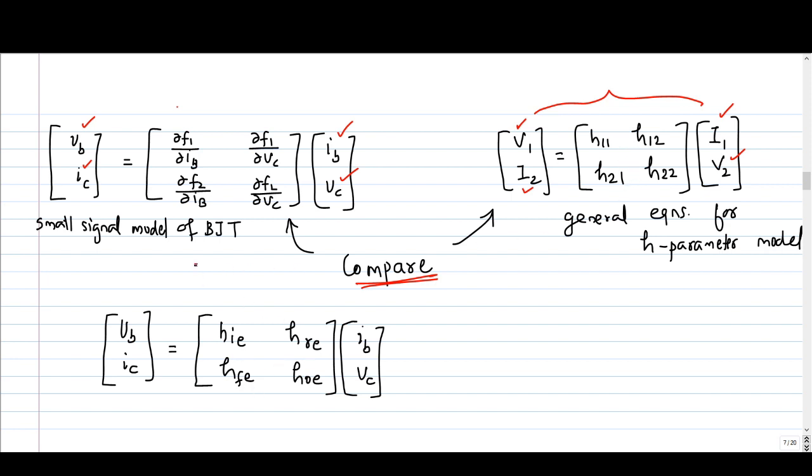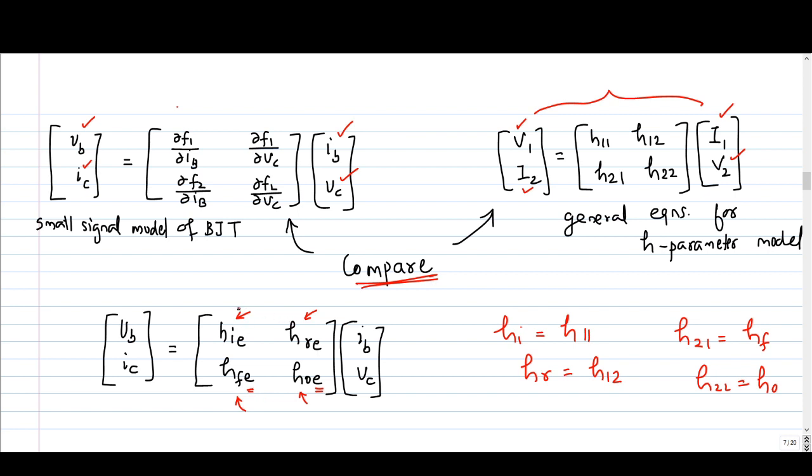So these partial derivative terms I can replace by the H parameter symbols, HIE, HRE, HFE and HOE. This E denotes common emitter operation. HIE is nothing but H11, HRE is nothing but H12, as we have seen in the previous video. Then HFE is H21 and HOE is H22.